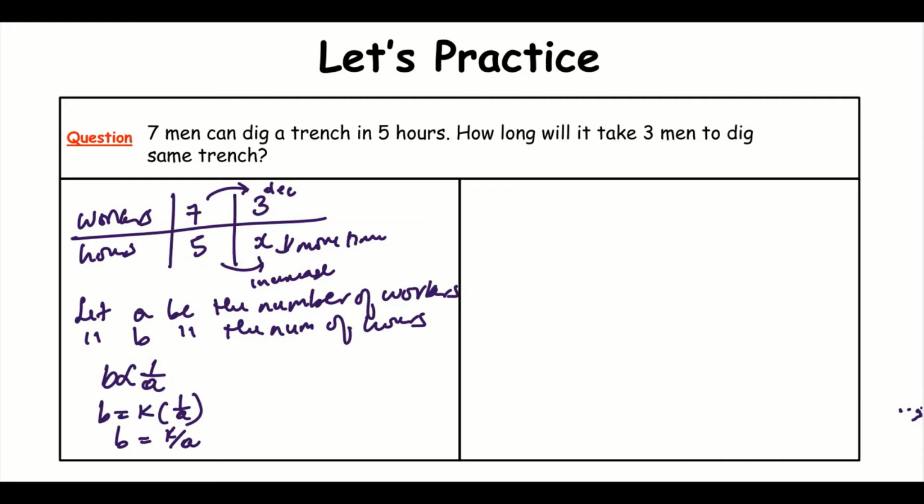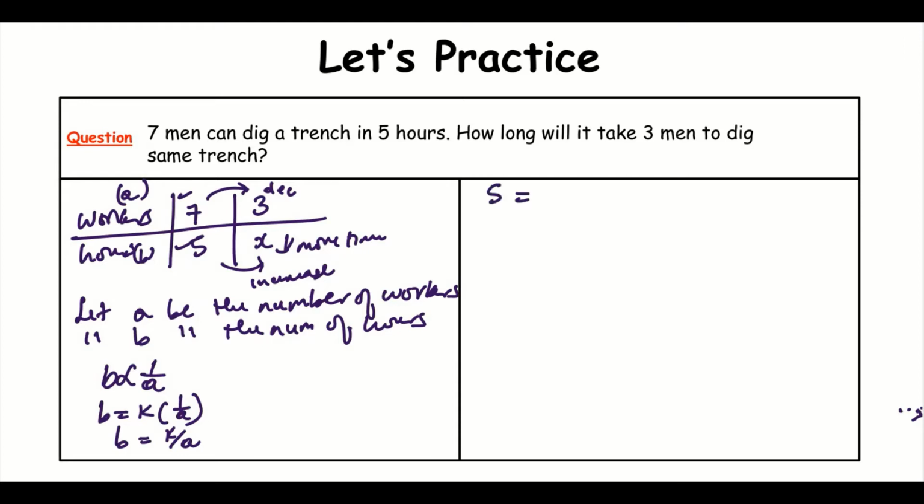So anywhere we have our known pair, we have our 7 and our 5. So we know that workers is our A and hours is our B. Just put these in to help us remember. So anywhere in the equation I see B, I'm going to put 5.